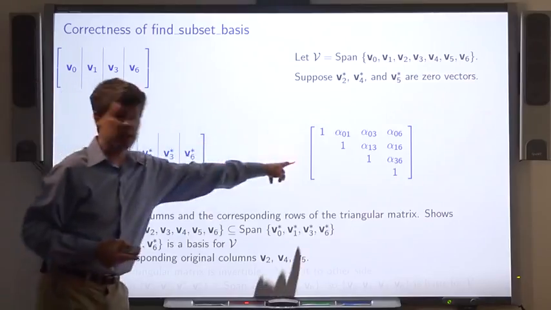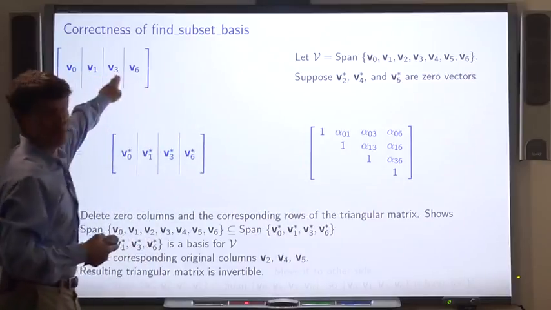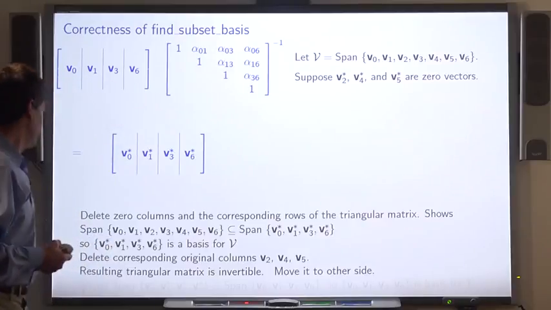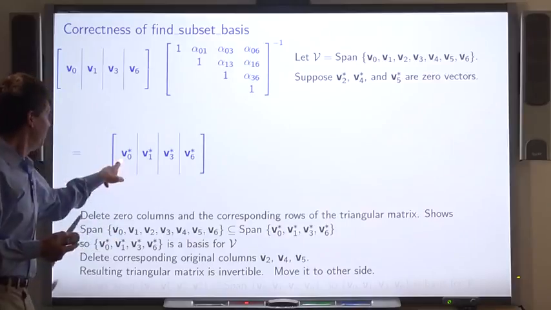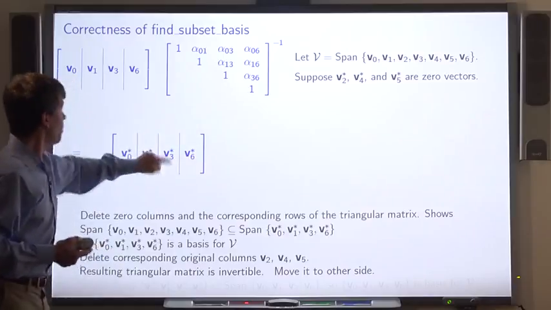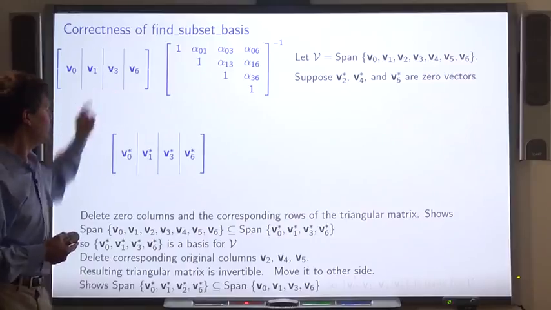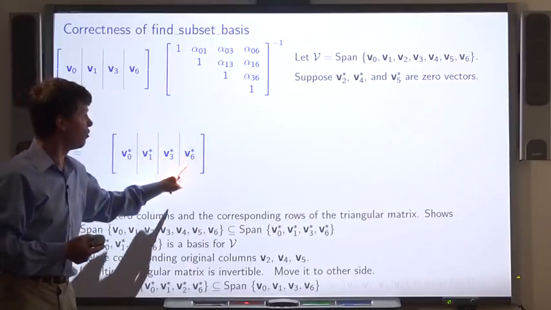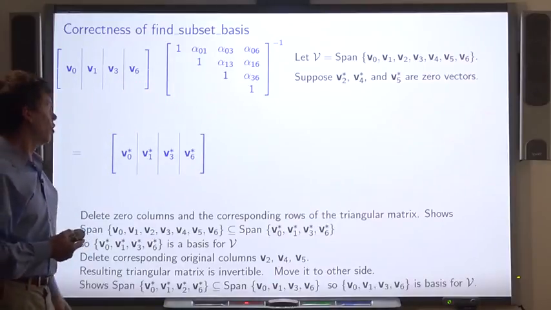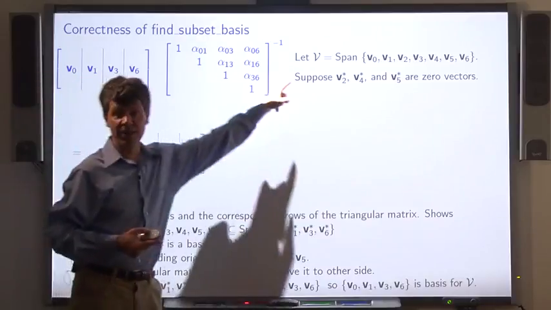Now, this triangular matrix is invertible. So we can move it to the other side, multiplying by the inverse. And we get this relationship. Now, this shows that v0 star, v1 star, v3 star, and v6 star can all be written as linear combinations of v0, v1, v3, and v6. So that shows that these remaining starred vectors are in the span of the remaining unstarred vectors. So that shows that the remaining unstarred vectors, v0, v1, v3, and v6, are a basis for big V.